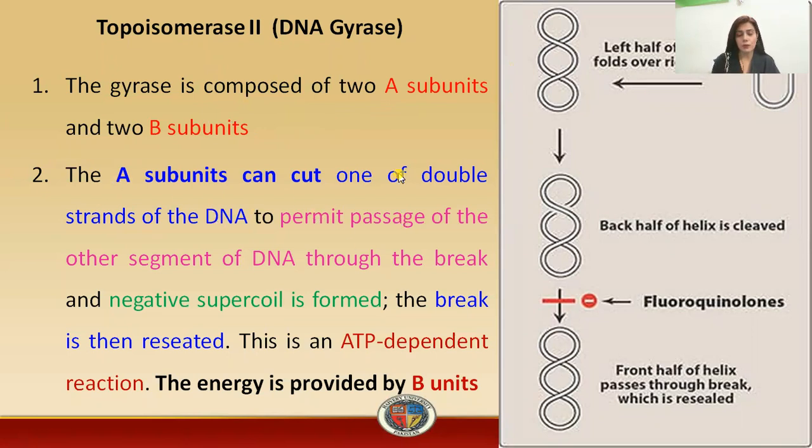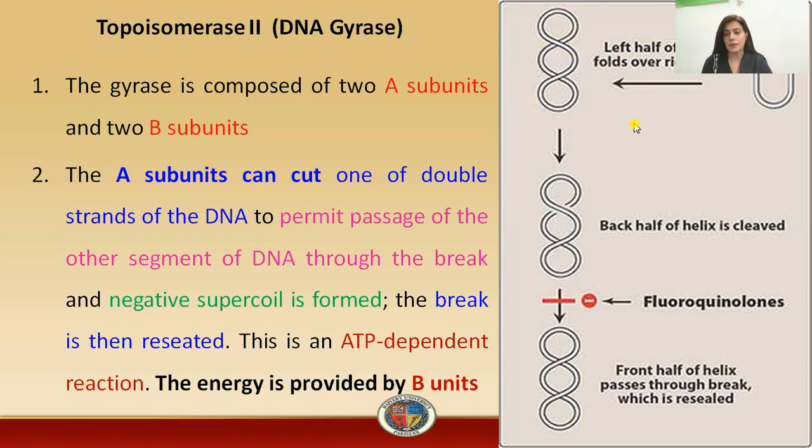The A subunit will cut the double strand and allow the passage of one strand through another strand, and this requires energy. After the one side has passed over the other side, it's time to reseal it, and this resealing requires energy, which is provided by the B subunit of the DNA gyrase.